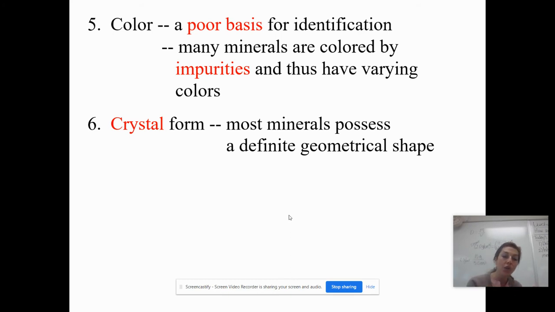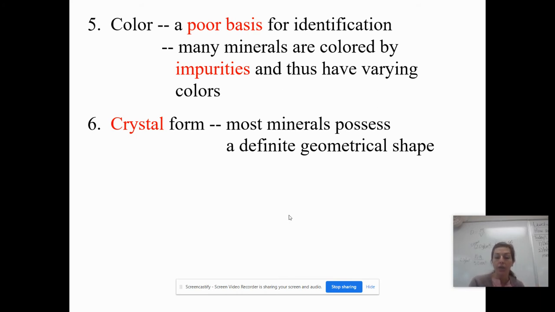Okay, impurities are things that don't actually belong in the mineral, but can get in the mineral from going through the cycle so many times, or maybe laying in a certain spot outside for so long. And so it's going to have a variety of colors that may not actually be true to what the mineral itself is.